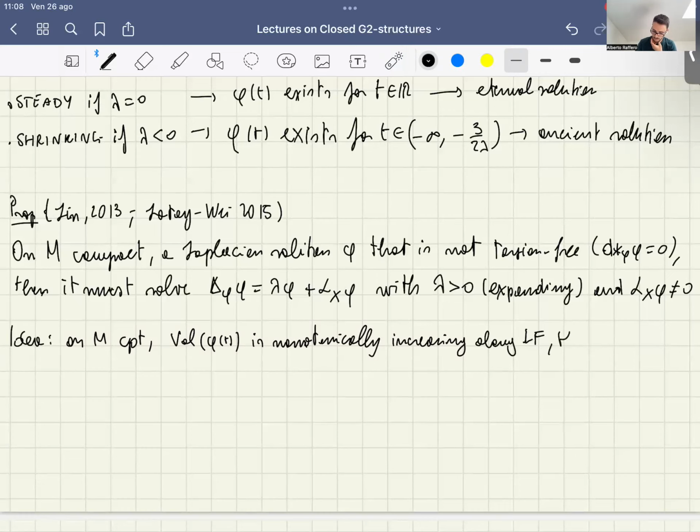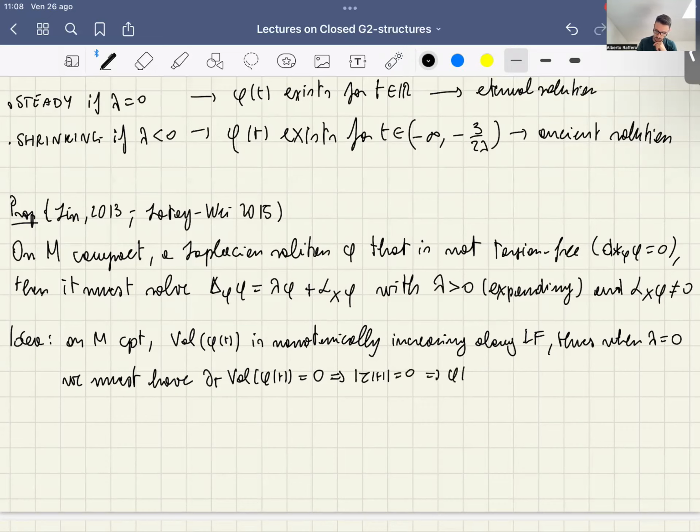So this tells you that when you have a steady soliton, lambda is 0, we must have the derivative of the volume of t has to be equal to 0. And so this implies, if you remember, that the volume flow evolves as the square norm of tau over 3 times the volume flow. This implies that tau t has to be equal to 0, and this implies that phi t has to be torsion-free, which is a contradiction if you assume that it is not torsion-free.